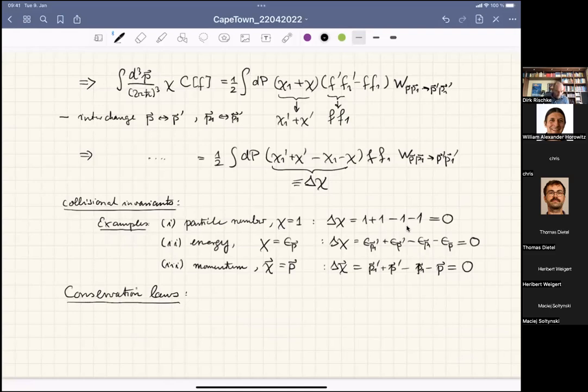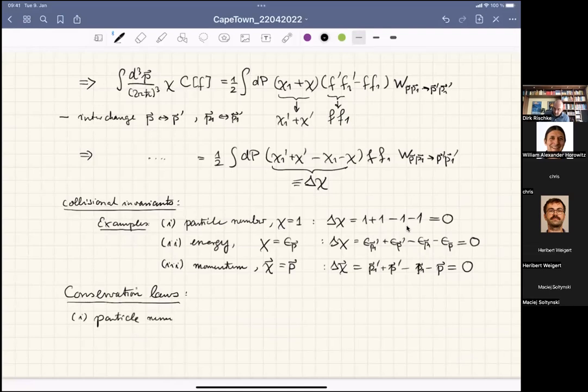So for the conservation laws, you have conservation of particle number, and all you have to do is integrate the Boltzmann equation over momentum, and the weight is 1. And then the left-hand side of the Boltzmann equation is df, and the right-hand side was this integral that we just considered up here, right?